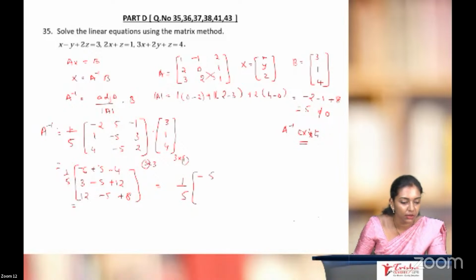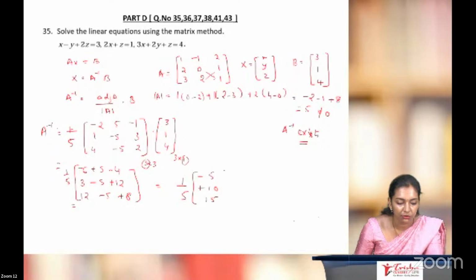Next you have minus 5 plus 3 minus 2 plus 12, that is 10 you get, and 12 minus 8, so 4. Next 12 plus 8, so 20, 20 minus 5, 15.